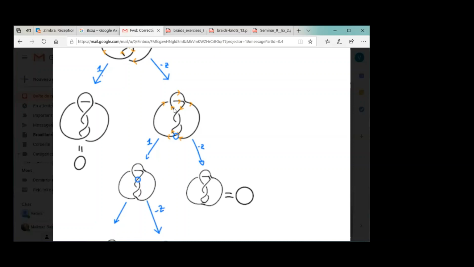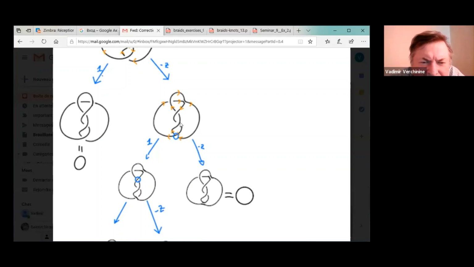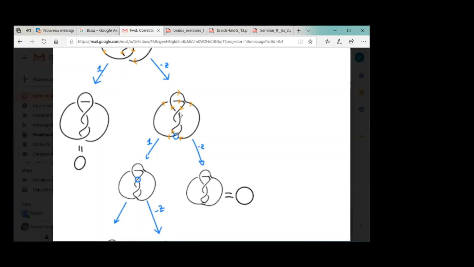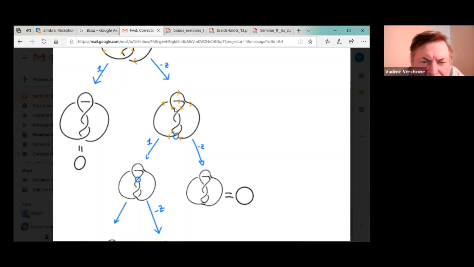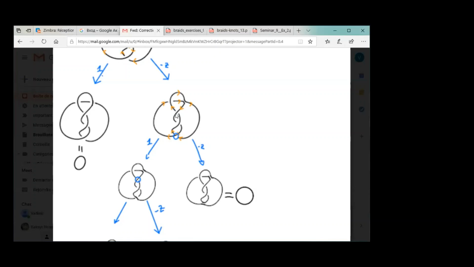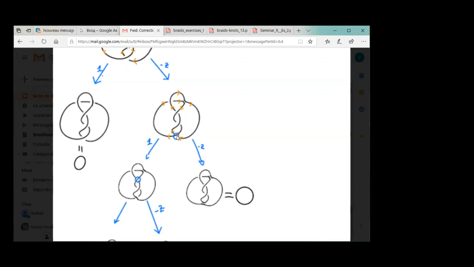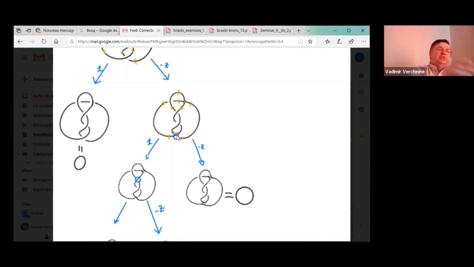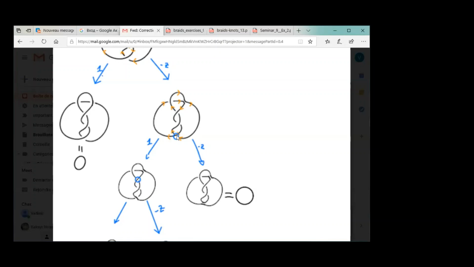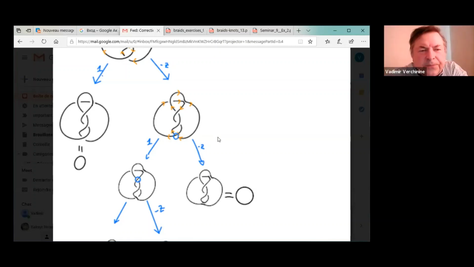Here, we are going this way, so this is -1. Here, -1. Here, again, -1, -1. So we have a link with the linking number -2, right? So a link where they are linked 2 times.